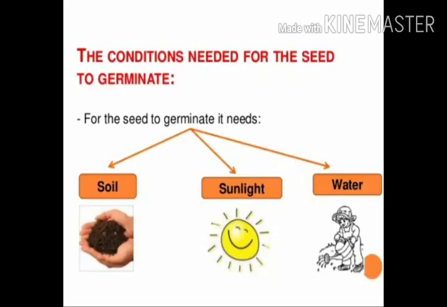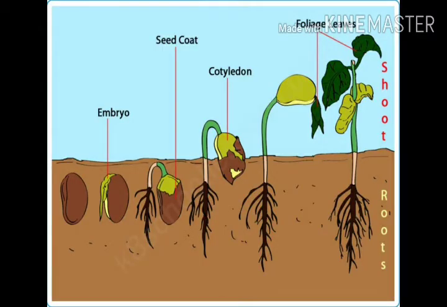When a seed is exposed to the proper conditions, water and oxygen are taken in through the seed coat, the embryo cells enlarge. Then the seed coat breaks open and a root emerges first, followed by the shoot that contains the leaves and the stem.